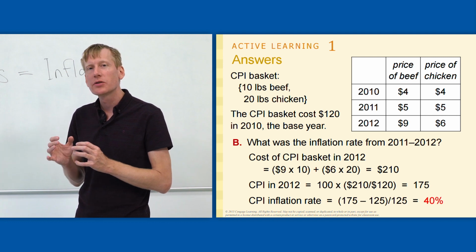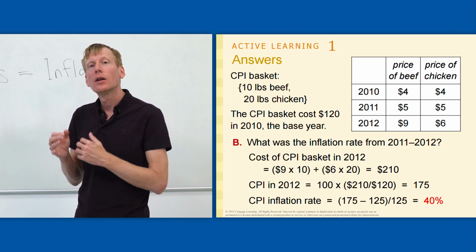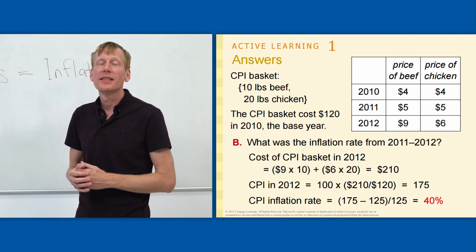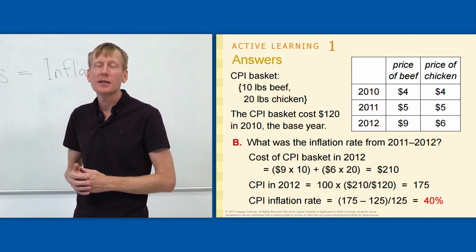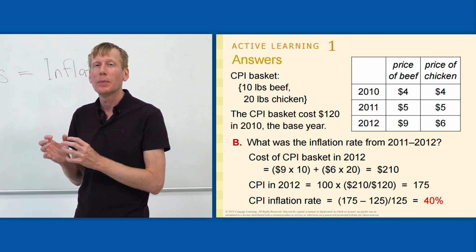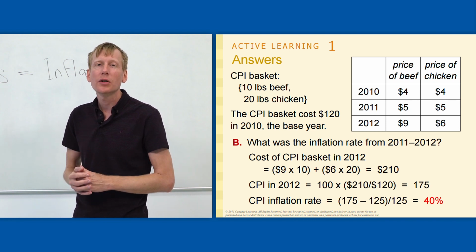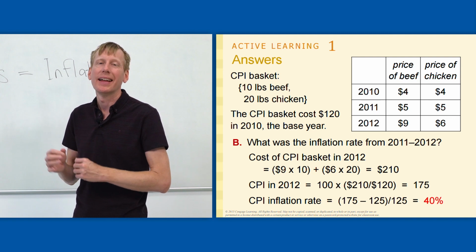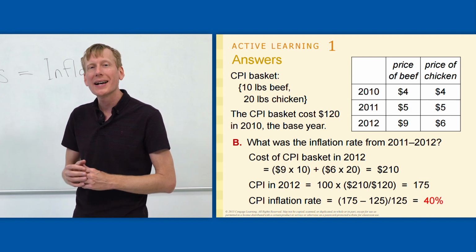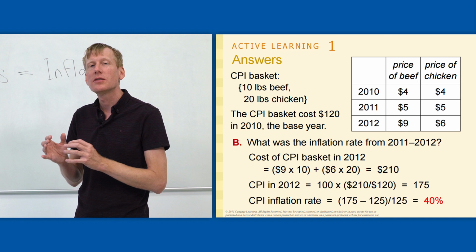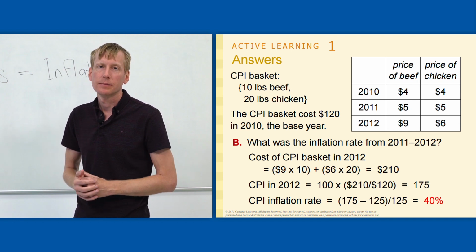The price of chicken has risen from 5 to 6. We continue to consume the same amount of chicken, 20 units. So our total cost for chicken in our basket is 6 times 20, or 120. Add those two together, we get 210. The total cost of our basket in 2012 is 210.